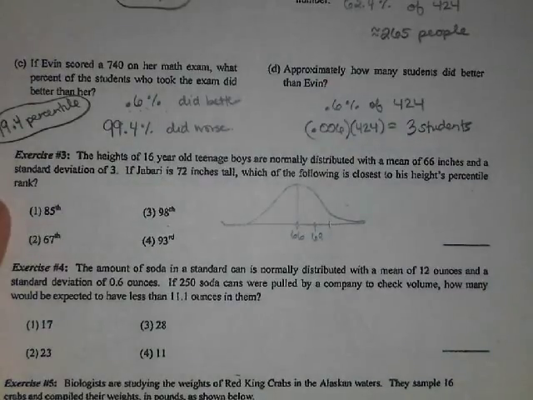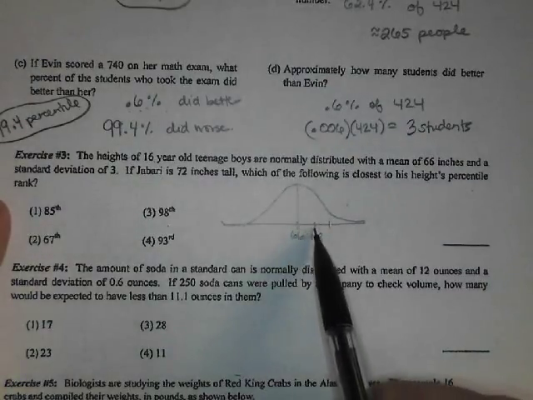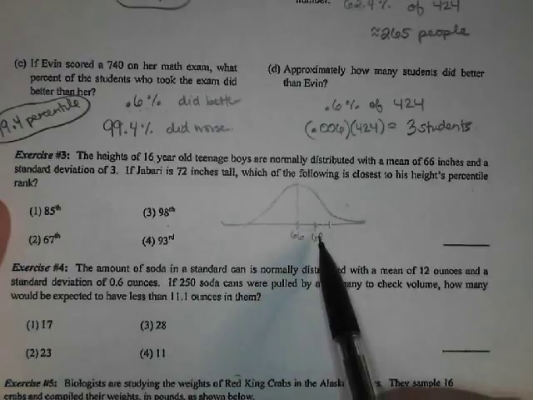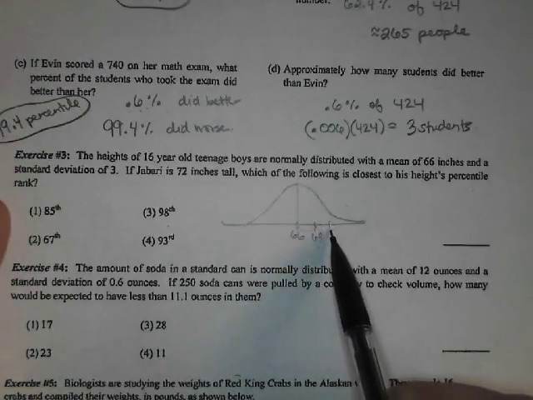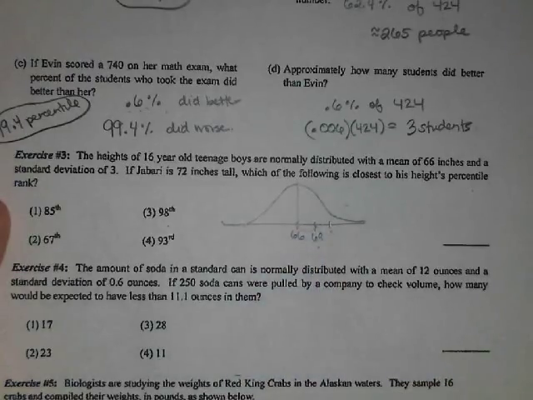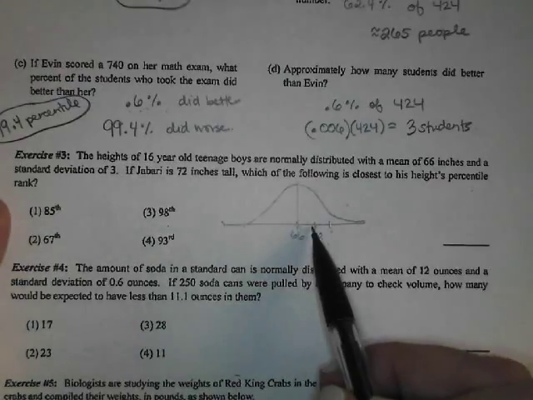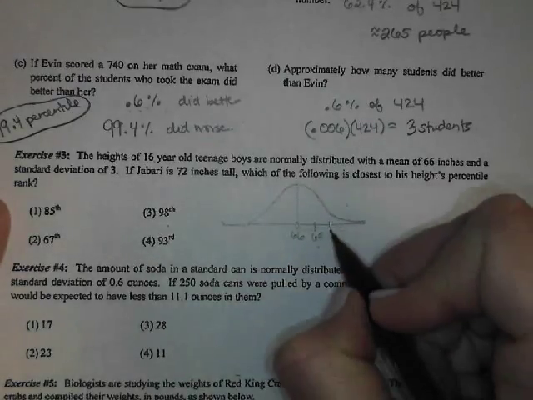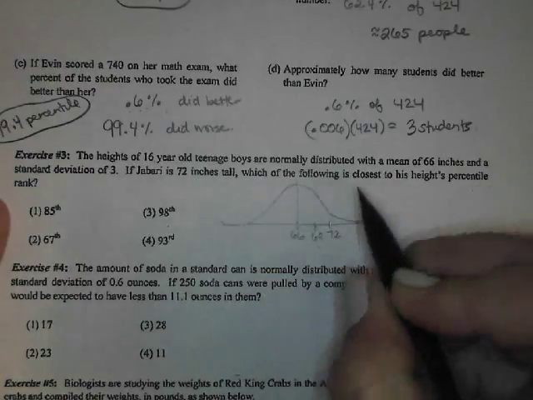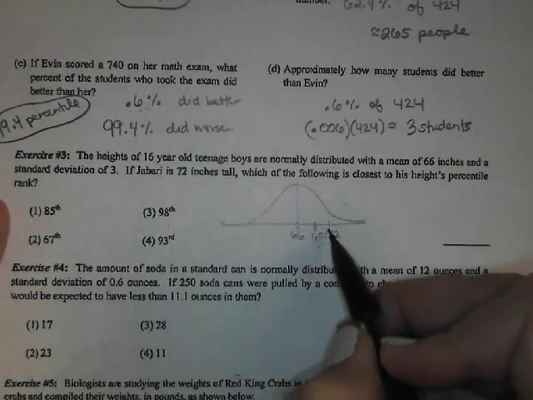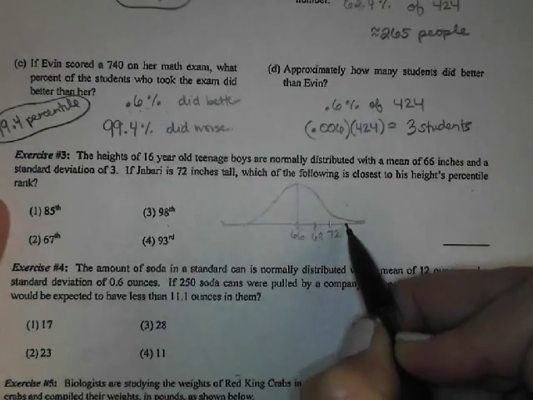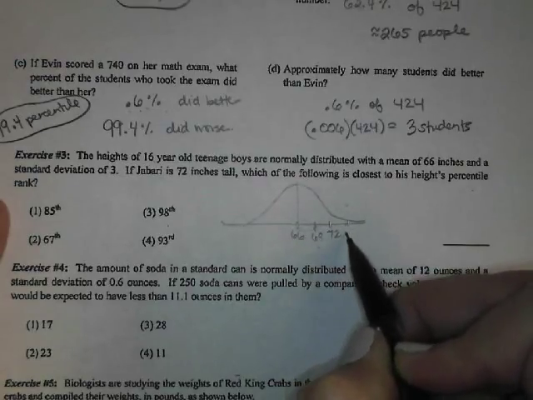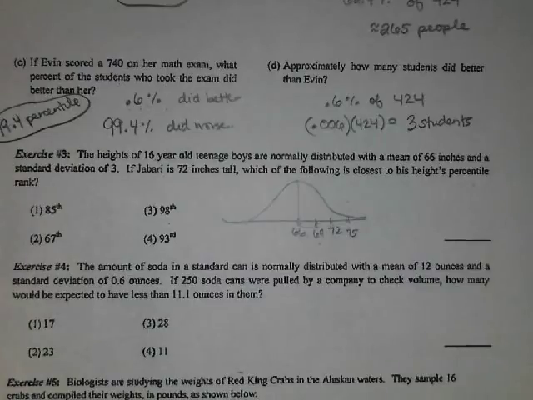So Molly went 3 above to get 1 standard deviation away, and I'm asking you what number would be 2 standard deviations away? 72. So you go 3 units above and 3 units above, and if we wanted to go 3 standard deviations away, we would go up again to 75, and so on. And I would do the same thing below.